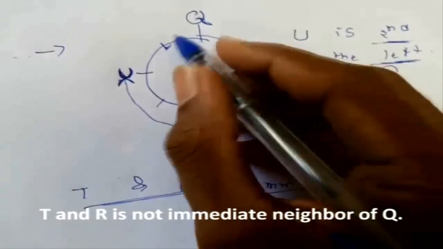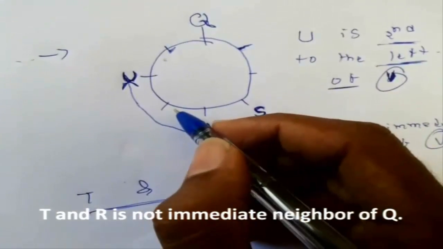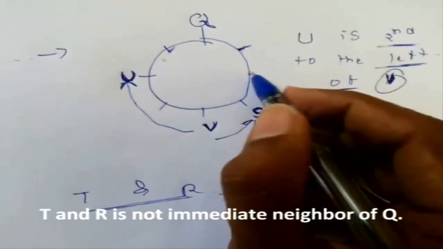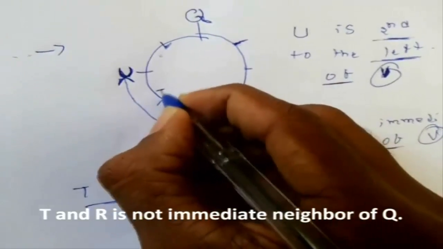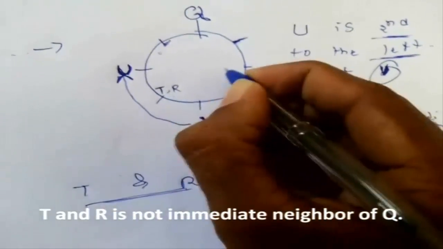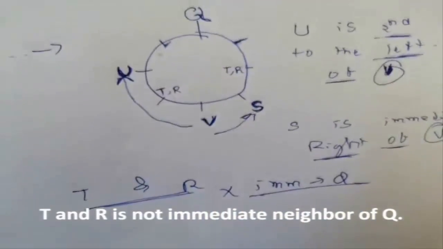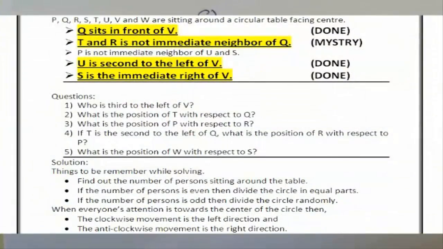So T and R both will not come here. So the places remaining for T and R are this and this, but we don't know where will be the T and where will be the R. So we'll put T, R here. So the second condition is still a mystery, and we'll move on to the third condition.